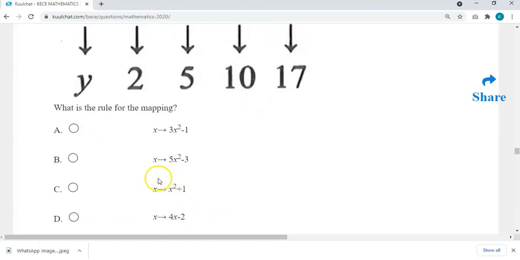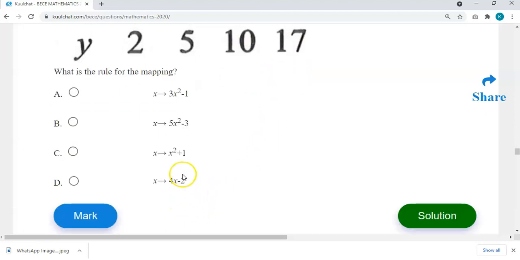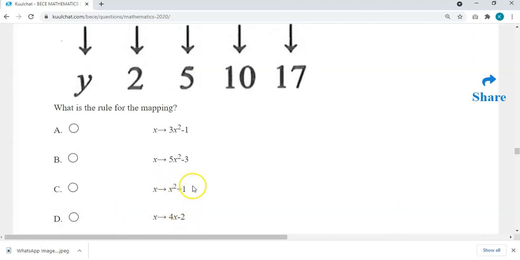So automatically this will be the result since all the corresponding values of y match. Now for curiosity's sake, if you have enough time, you can as well check if the other one will match or not. Since this matches for all of them, you can take it as the correct answer.